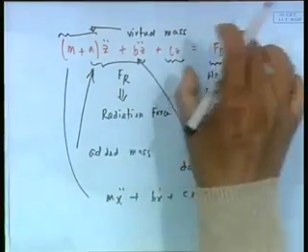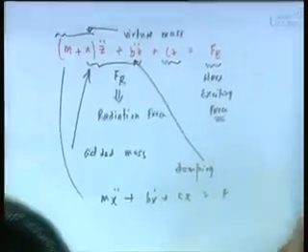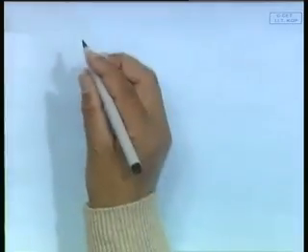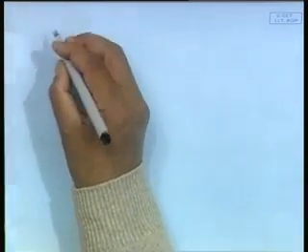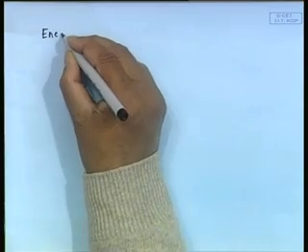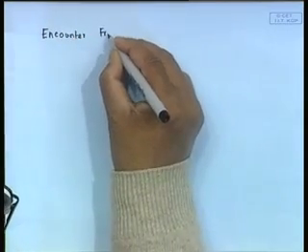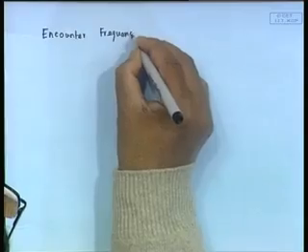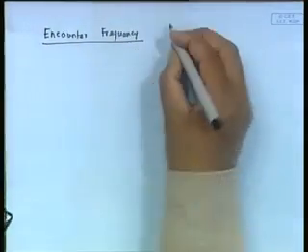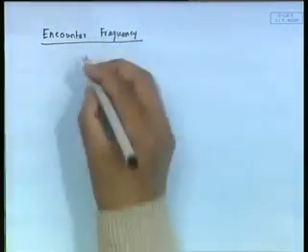For example, here if I want to write, I should write this as something into cos omega e t plus something. So omega e is very important, it is that period. So let us work this out. It is an encounter frequency problem.